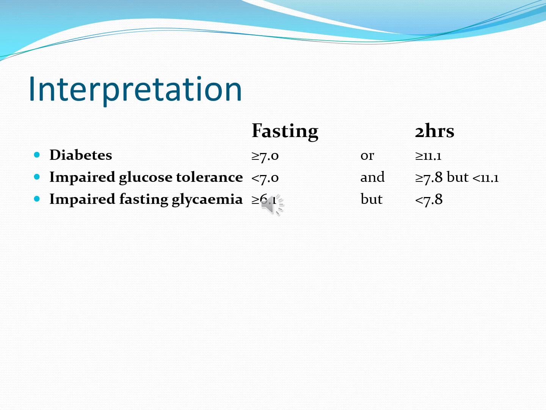Impaired glucose tolerance, the fasting has to be less than 7, of course, otherwise it's diabetes. But the 2 hour one is greater than or equal to 7.8 but less than 11.1. And the other one is impaired fasting glycemia. So the fasting glucose is greater than or equal to 6.1 but less than 7.